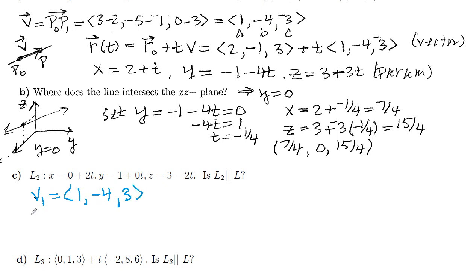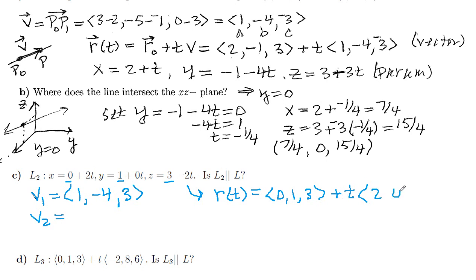That was right here: (1, -4, -3). And then the direction vector for this line L2, well, we're given the parametric equations here. If we write this in vector form, this is going to be r(t) equals our point to get on the line, (0, 1, 3), and then we're going to add multiples of, so this will be t times 2, t times 0, t times -2.